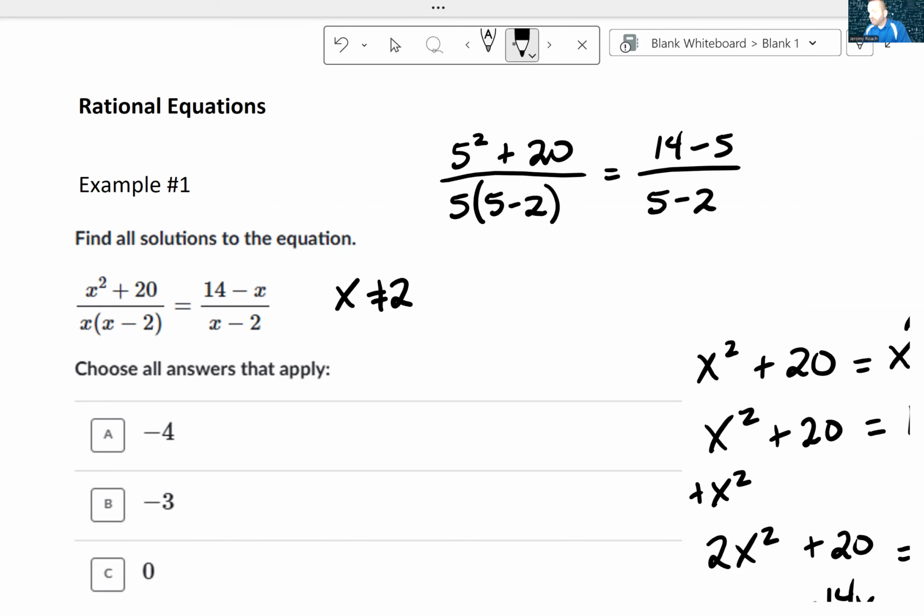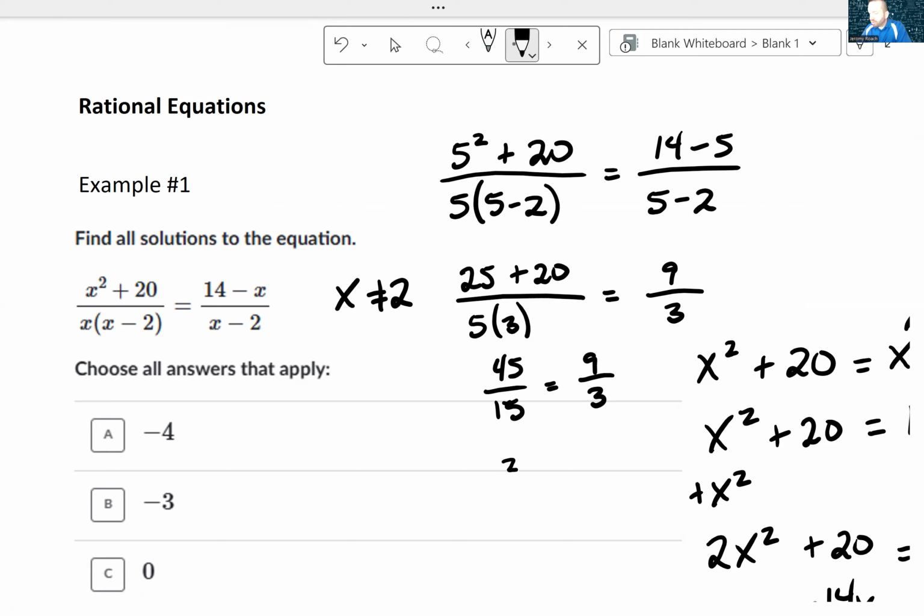So far, so good. We don't have a 0 on the denominator, so that's a good sign. 25 plus 20 over 5 times 3 equals 14 minus 5 gives us 9 over 3. So this becomes 45 over 15 equals 9 over 3. 3 equals 3, and that's a true statement.